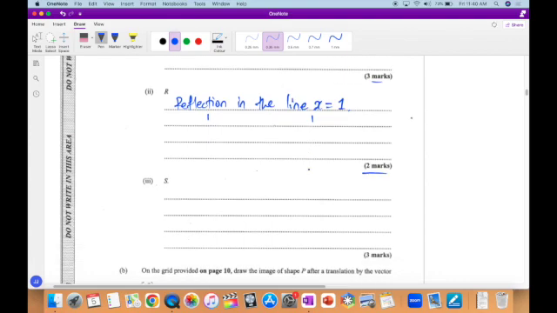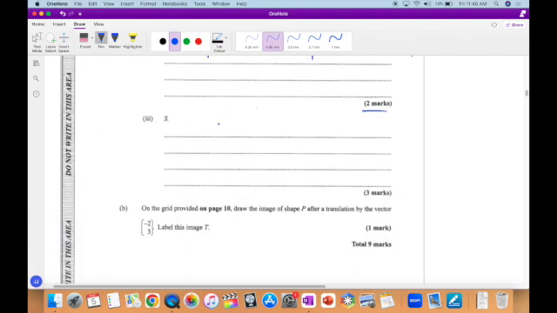So what do we have here? We have an enlargement from the origin 7, 11, right? Or we could say not the origin, because it's not an enlargement from the origin.